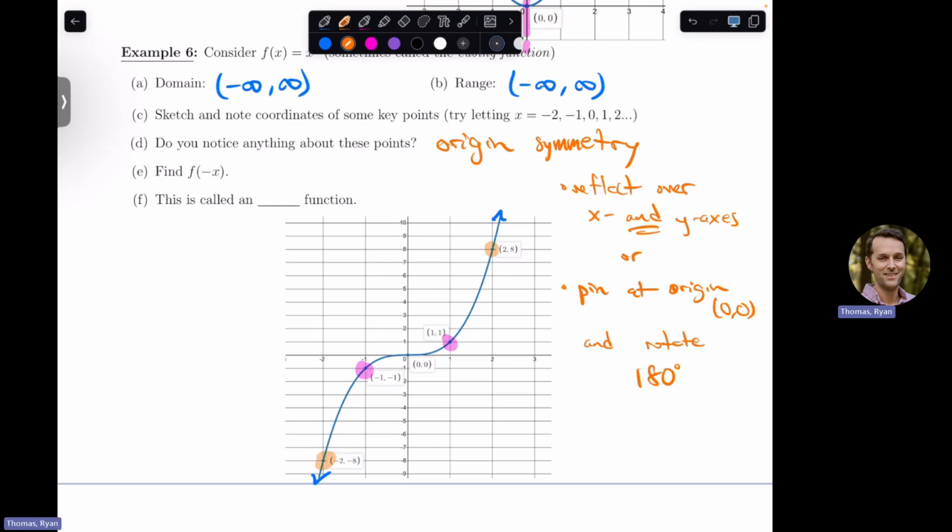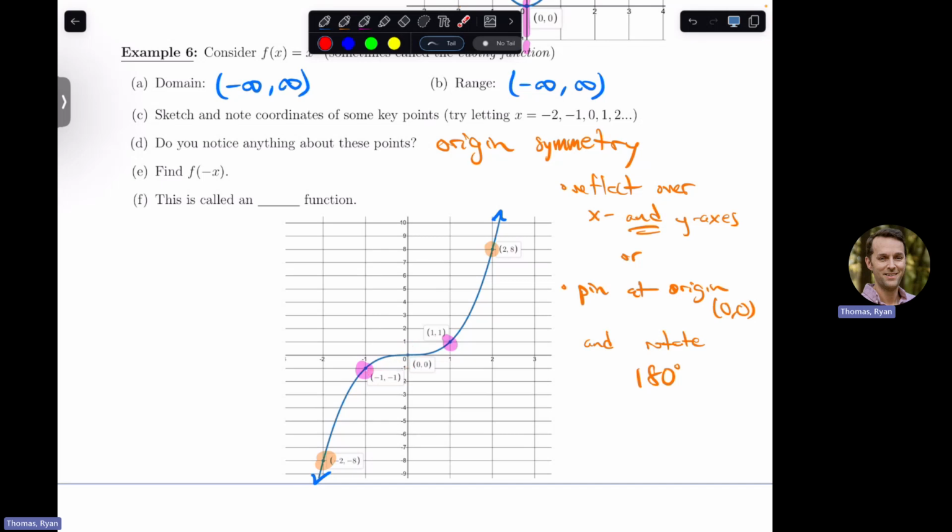If I stick a pin, a tack in the paper right there and spin my paper upside down, the stuff that was up here ends up down there and vice versa, right? I end up with the same graph. I can't tell the shape of the curve apart if I spin it upside down, right?